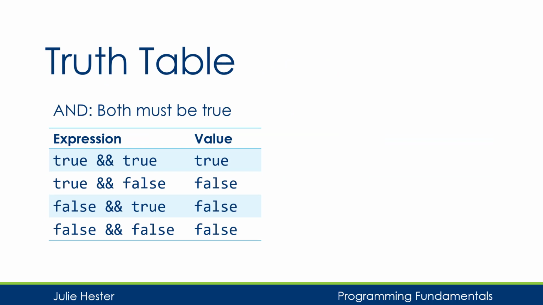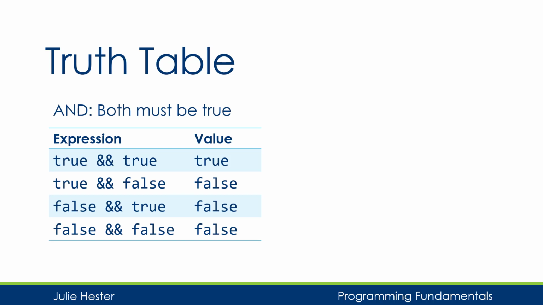And a good way to study all the combinations of these is with something called a truth table. So first, I'm going to look at AND operations. When I'm using the AND operator with the double ampersand, both expressions have to be true for the overall expression to be true.